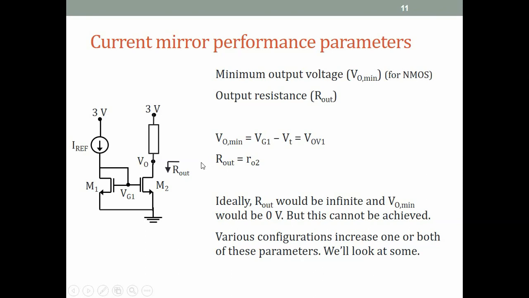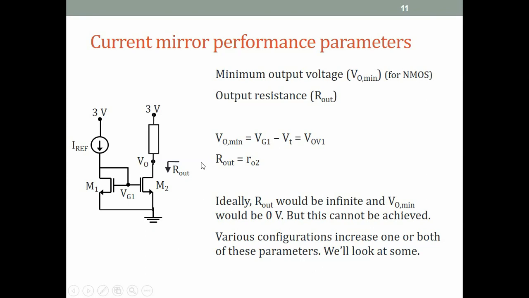So these two quantities characterize this simple current mirror. Ideally, of course, we want RO to be infinite, and we want VO min to be 0, because that will make the most beautiful and the most desirable current source. But of course, in real life, neither is possible. There are various circuits that have been designed that give us larger and larger output resistances.